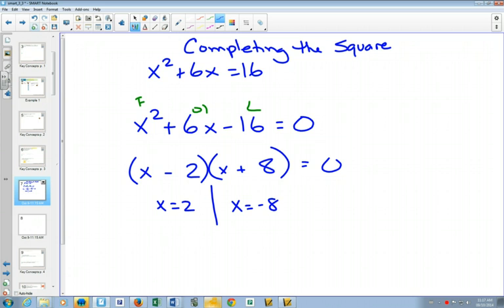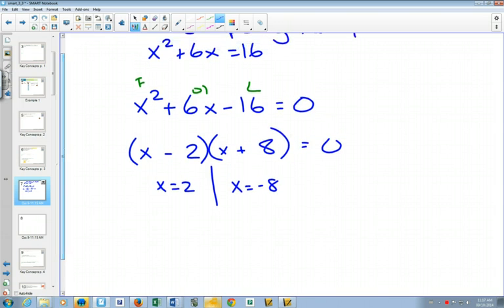Now there's going to be some times that we're going to get an equation like this, and I'll change the number to 10 this time.